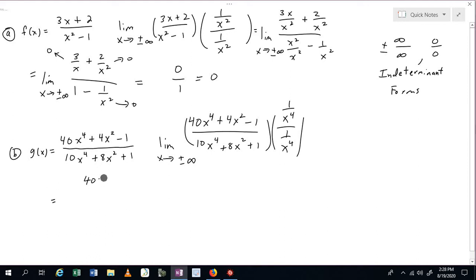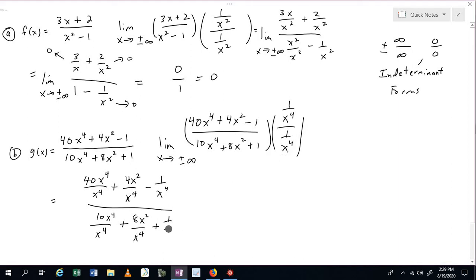And you can see that you're left with 40x to the 4th over x to the 4th plus 4x squared over x to the 4th minus 1 over x to the 4th. And then on the bottom, distribute this to each term. You get 10x to the 4th over x to the 4th, 8x squared over x to the 4th, and then 1 over x to the 4th. Okay, and then we're going to find the limit as x goes to plus or minus infinity.